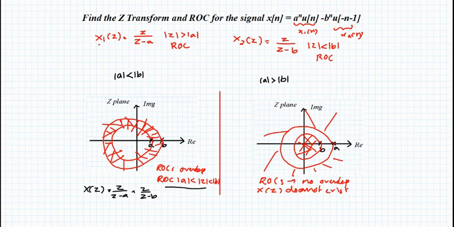When you evaluate this transform, always remember you need to take care of this ROC. If it is an individual signal, x1 of z exists, x2 of z also exists, but the combination exists only when modulus of a is less than b, because there is a common area. So always we need to check if there is any common area, otherwise the z transform does not exist.